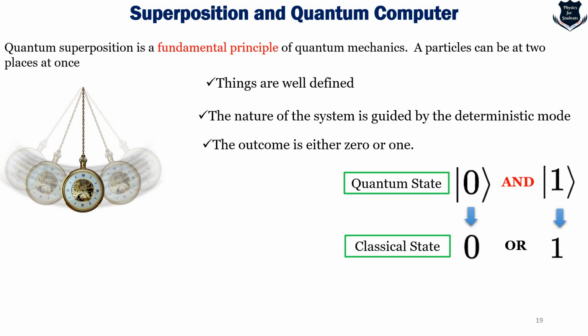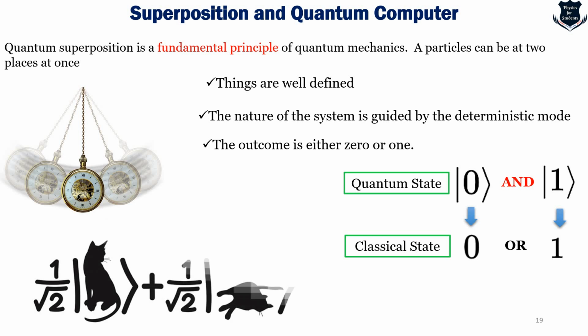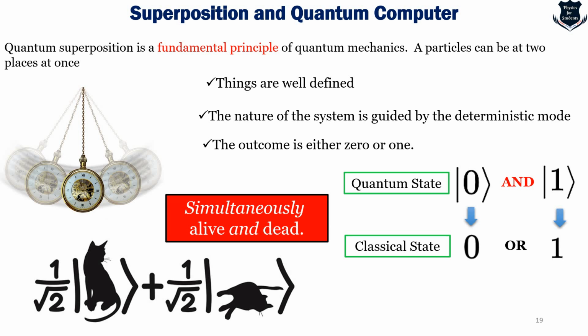Now the only thing is that, contrary to a classical bit that can only be in the state corresponding to 0 or the state corresponding to 1, a qubit can be in multiple states. And that is being expressed over here. This is the famous Schrodinger's cat, where this equation is not the actual equation. It is just an illustration. It shows that the cat is simultaneously alive and dead.